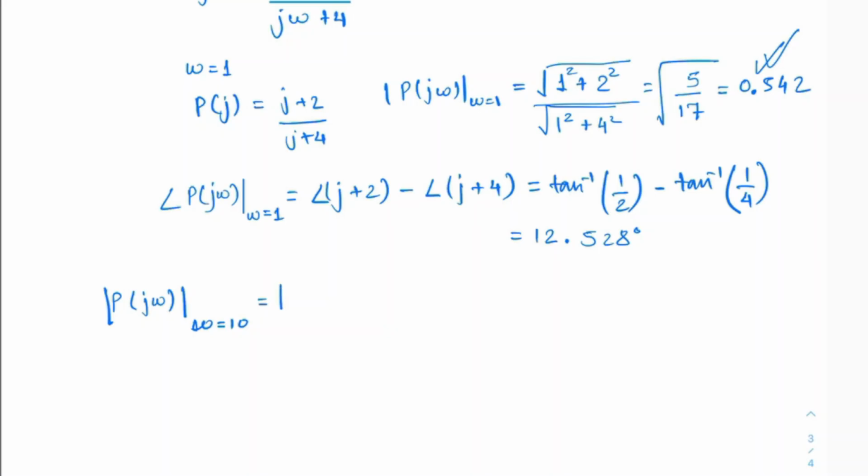So we have to take the magnitude of (10j plus 2) divided by (10j plus 4). This will be 10 squared plus 2 squared.